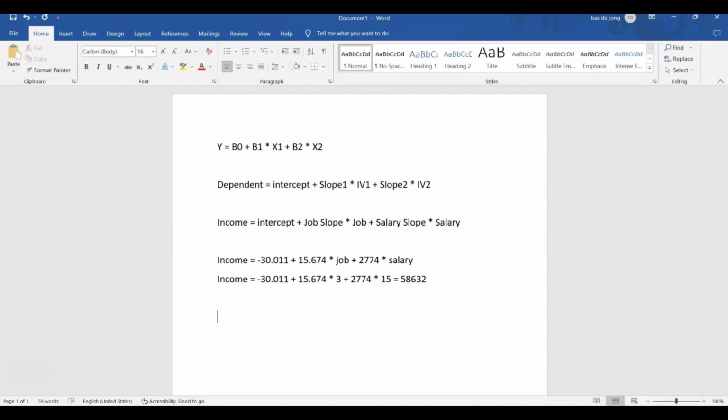If you're a person who is in job tier 1 and salary is 13 euros an hour, then your income would be the minus 30,000 of the intercept, plus the slope of job times what you fill in for job, which in this case is 1, plus the slope of salary times what you fill in for salary, and that was 13. And if you then calculate that, that's how you will get to the answer.